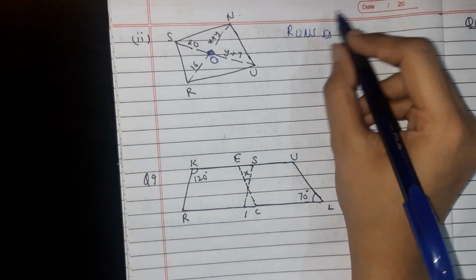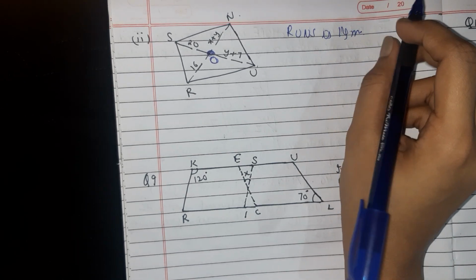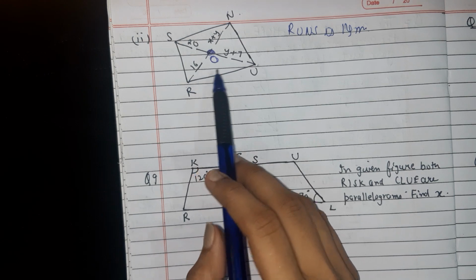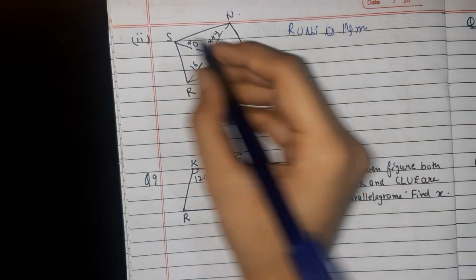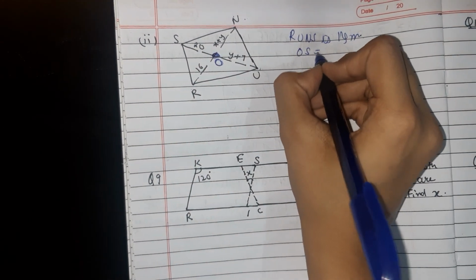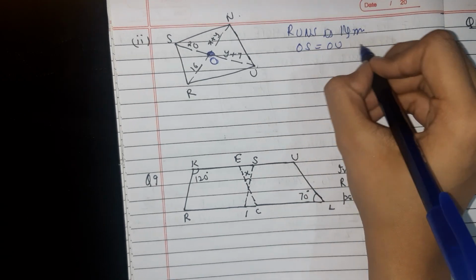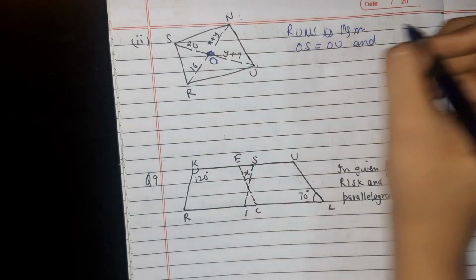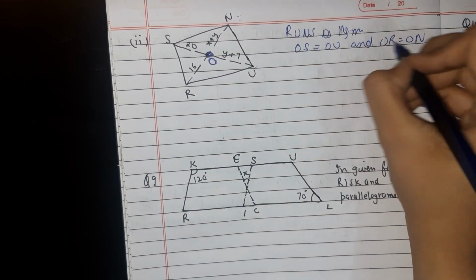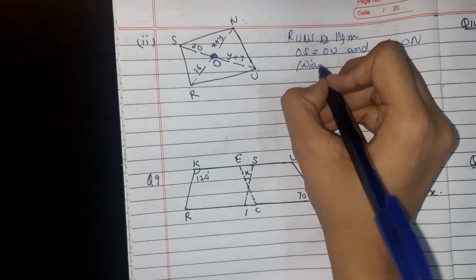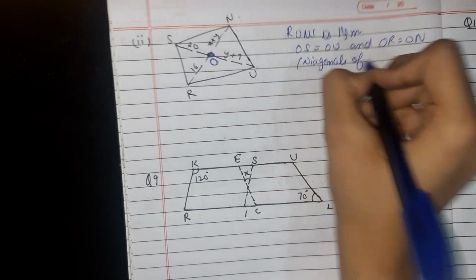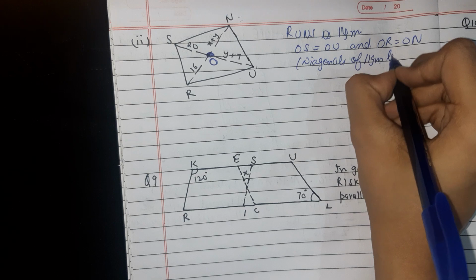It is a property of a parallelogram. So OS will be equal to OU and OR is equal to ON. Why? Because the diagonals of a parallelogram bisect each other.